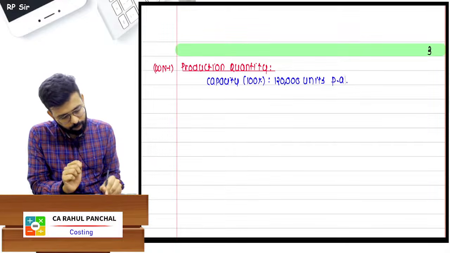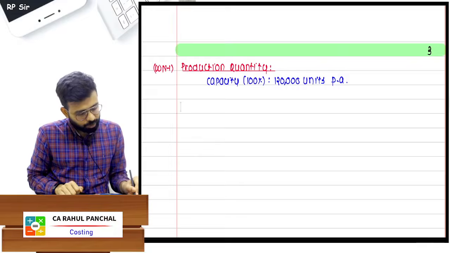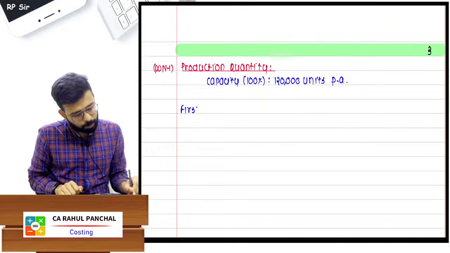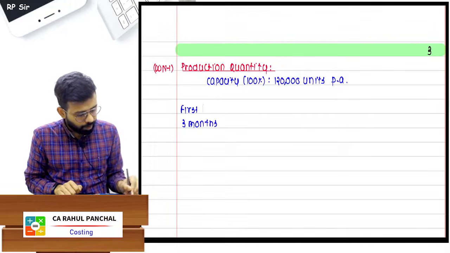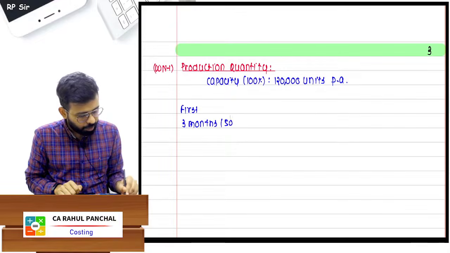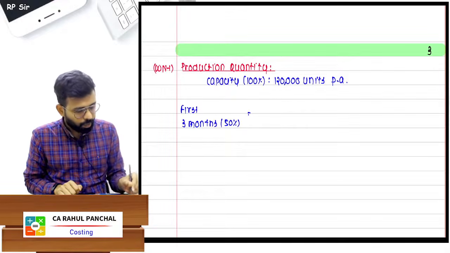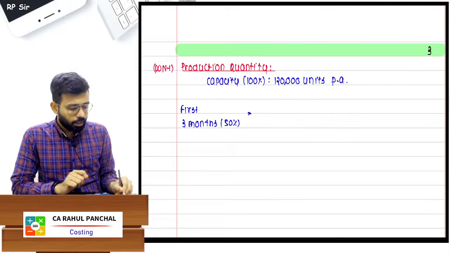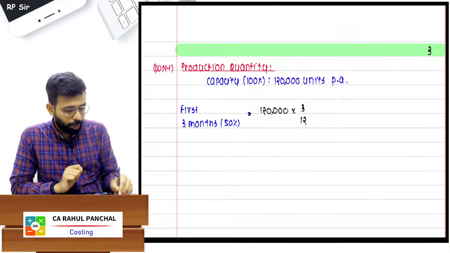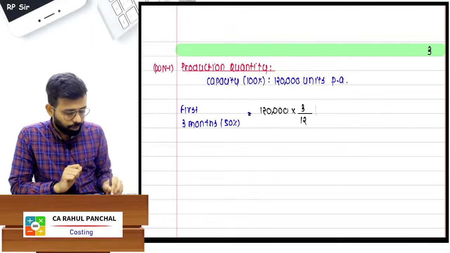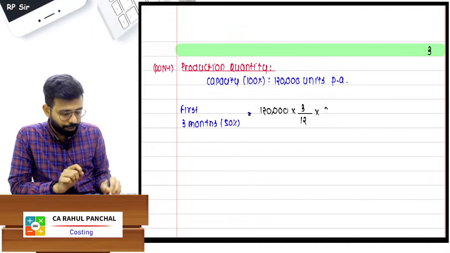Now I need the answer for the first 3 months, where we are going to work at 50% capacity. 1,20,000 can be produced in 1 year, multiplied by 3 by 12, that is how many units you will produce in 3 months only if you work at 100% capacity.